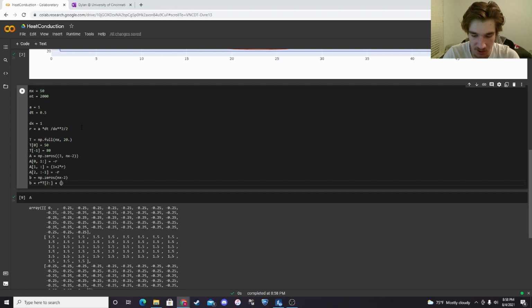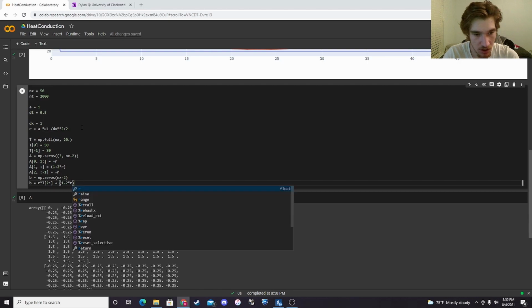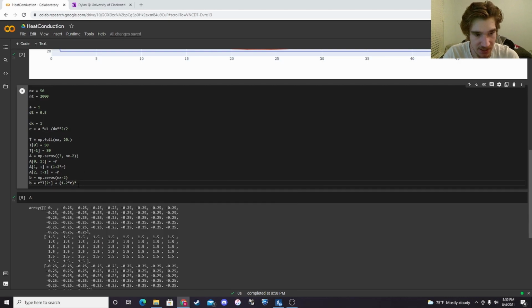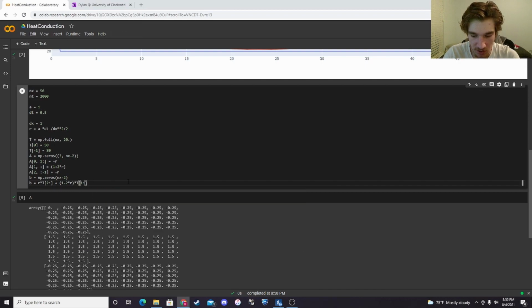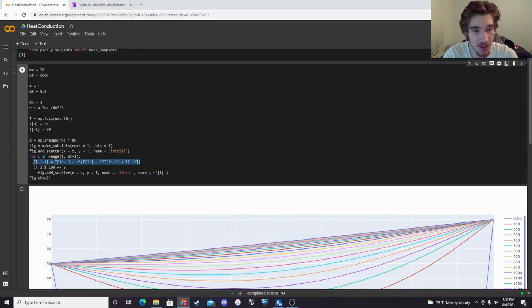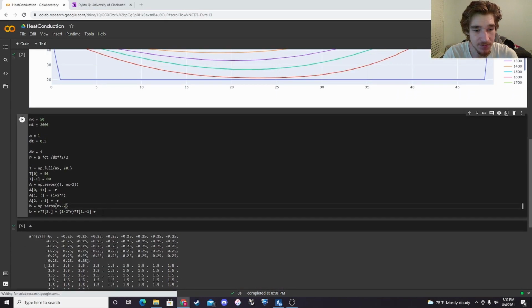We've got to put this in parentheses: 1 minus 2 times r, times the temperature of all of the middle pieces, right? So we want 1 to negative 1, because we already know the temperatures of index 0 and the very last index, so we don't include those. Just like we did up here. It's basically the same idea.